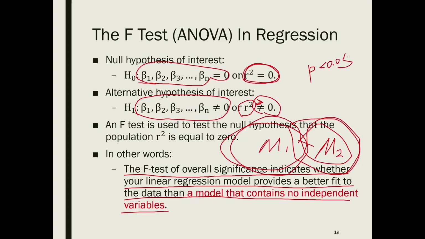If it's less than 0.05, we can reject the null hypothesis, right? So we say that the model with independent variables is better than the model with no independent variables. That's the situation in most cases. If you run the regression correctly, this is something you will get. Okay.